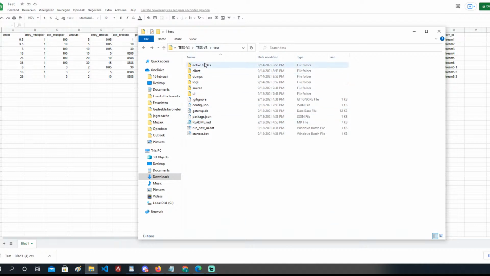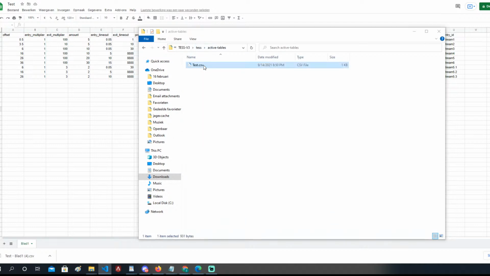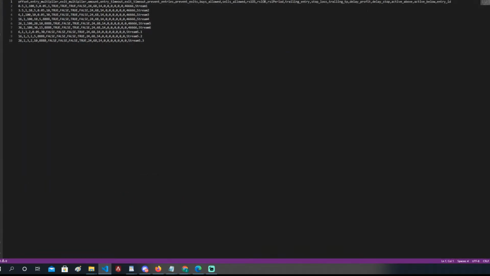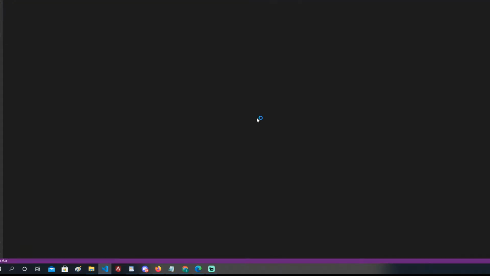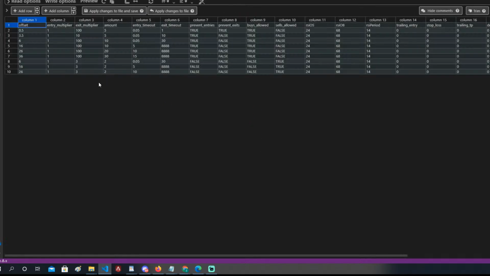Then you go to your active tables, you open this one, and I have Visual Studio installed, so it gives me this thing, and then I have a library to make it like Excel. You guys probably don't have that, but it will make it a little bit faster for me to change the RSI periods to 2, and then I apply changes.